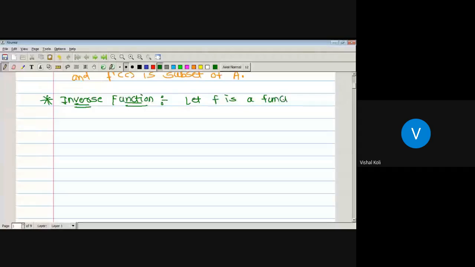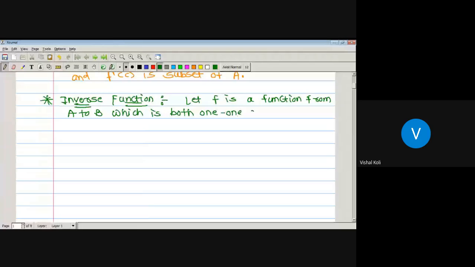Let f be a function from A to B, which is both one-one and onto.